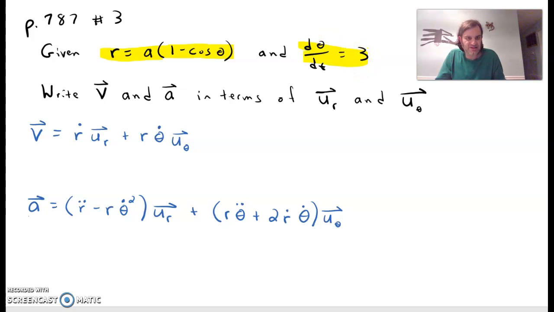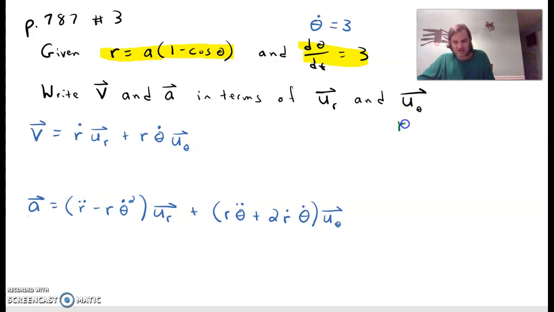That's the same thing as saying theta prime equals 3, and you'll remember that from the formulas we just looked at. What they ask us to do is to write the velocity and acceleration in terms of the unit radius and unit angle vectors, which we just saw the formulas for on the previous slide, but here they are again.